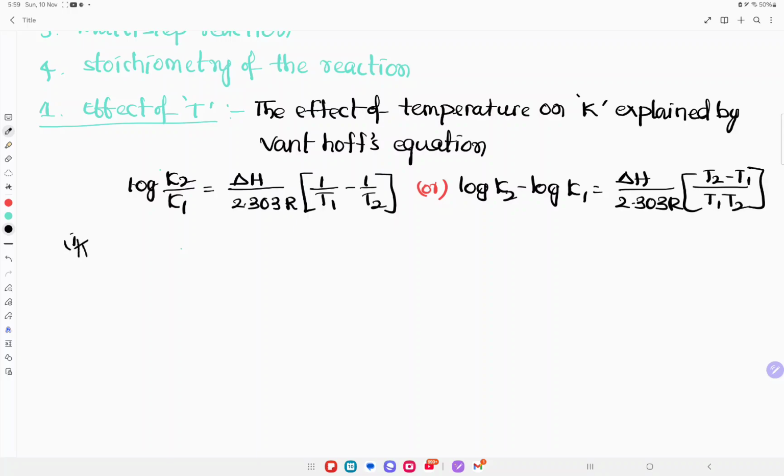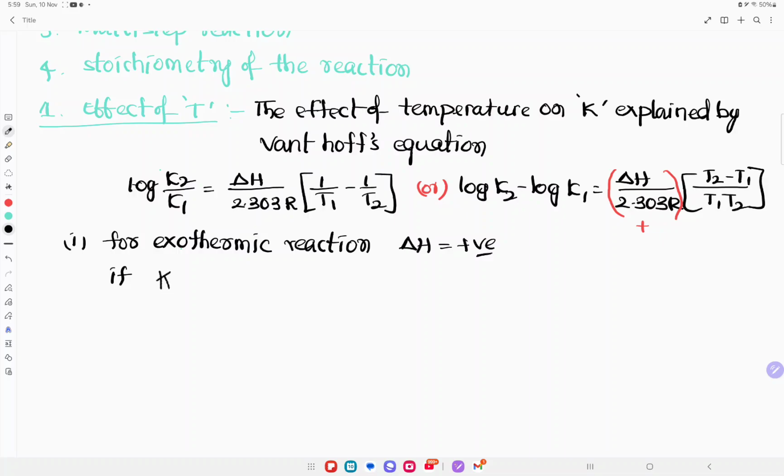So in these two cases, let us see the effect of temperature on equilibrium constant. For the first case, delta H is positive. That means this total term becomes positive.